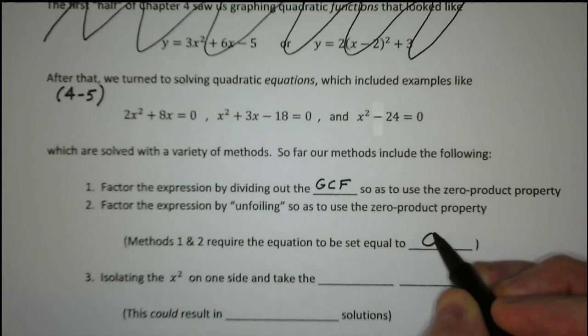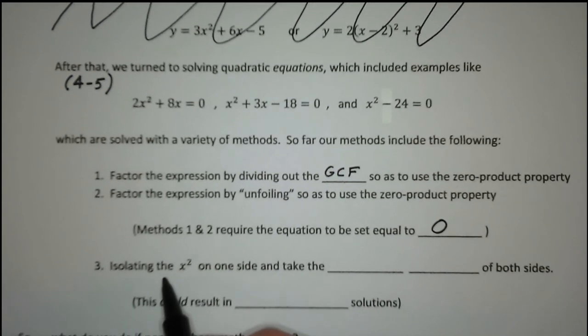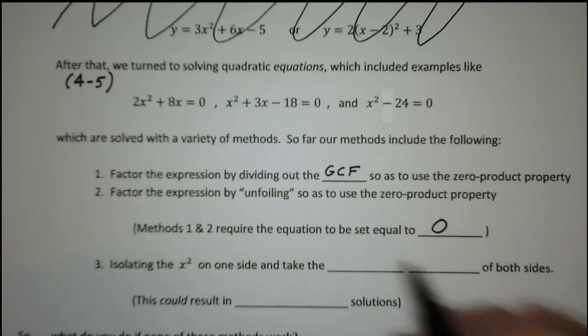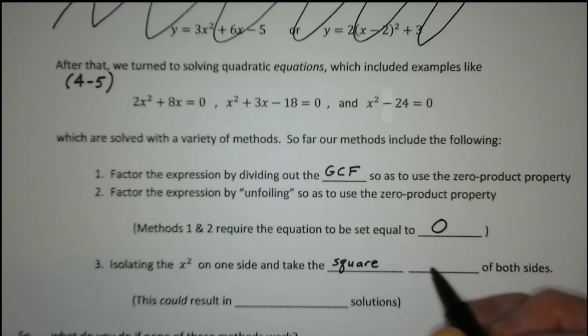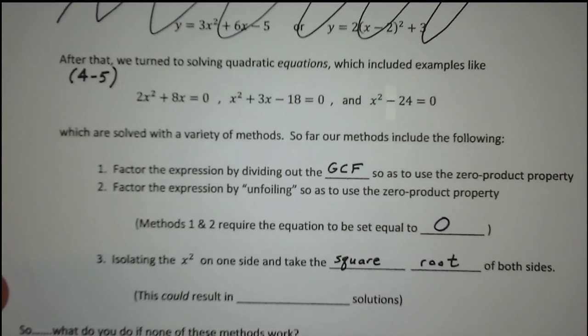That, of course, would be 0. And the third method was getting the x squared by itself on one side and then taking the square root of both sides, because taking the square root of x squared pretty much turns it into an x.